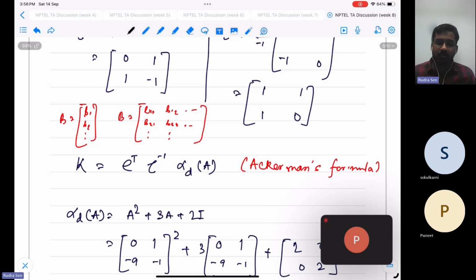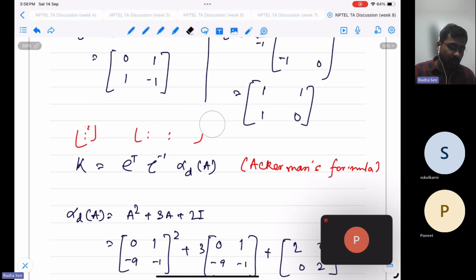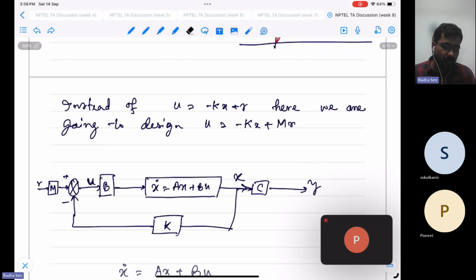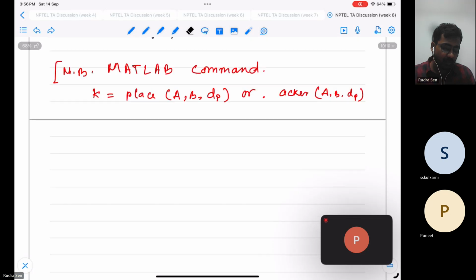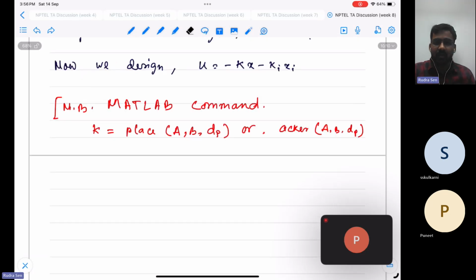So separate formulas exist. That's why whenever you are dealing with a MIMO system, you should use the place command in MATLAB, and should not use the Acker command.